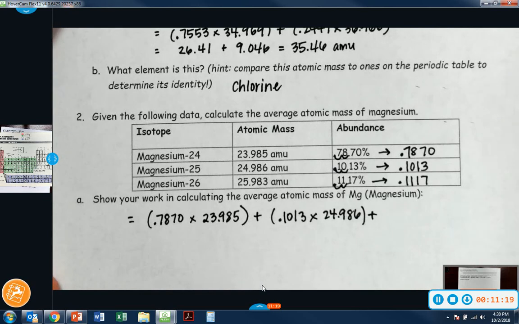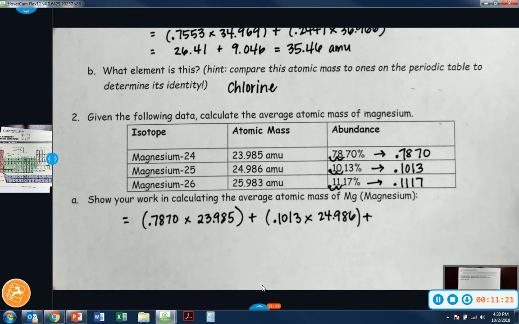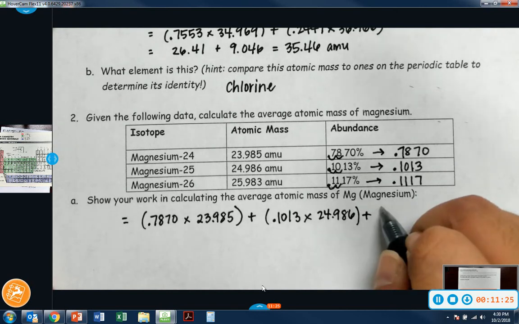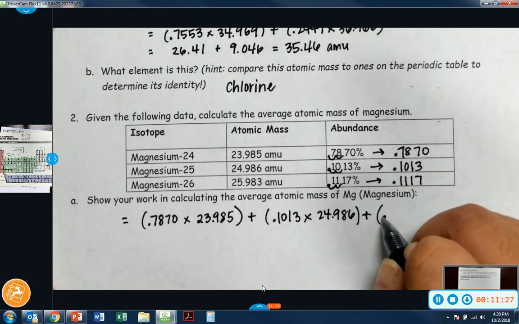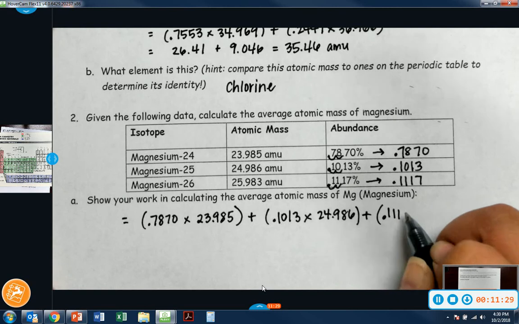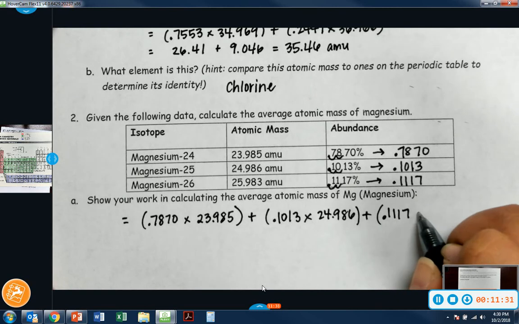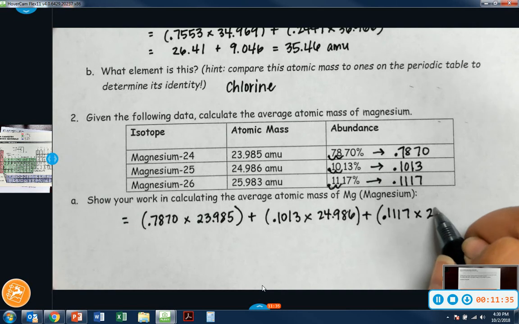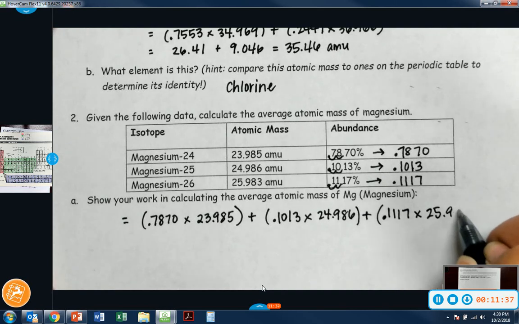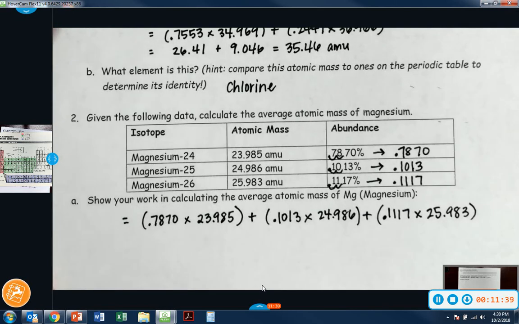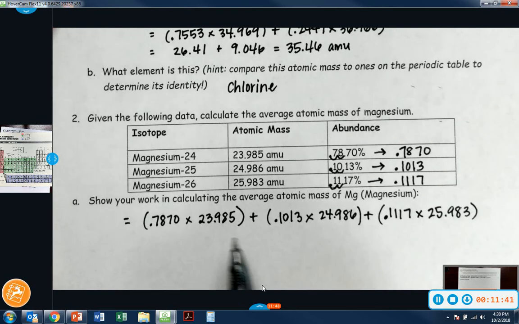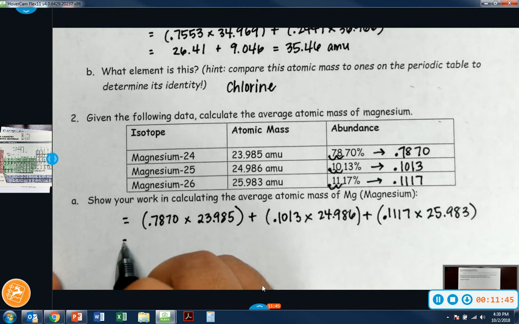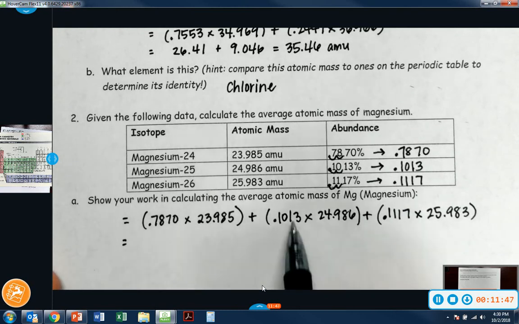And then lastly, our third isotope, magnesium 26. Its percent abundance was 0.1117, and we'll multiply that by its mass of 25.983.